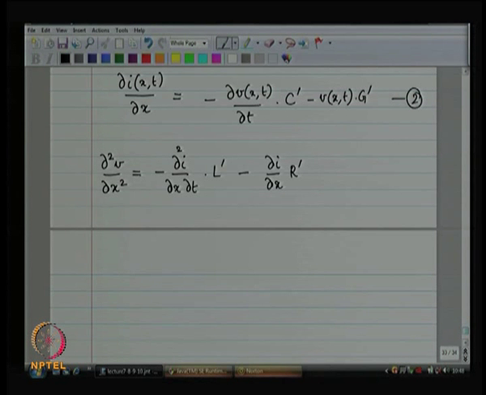And I am going to do another differentiation of equation number 2 with respect to t. If I do that, I get ∂²I/∂x∂t is equal to minus ∂²V/∂t² times C prime minus ∂V/∂t times G prime.